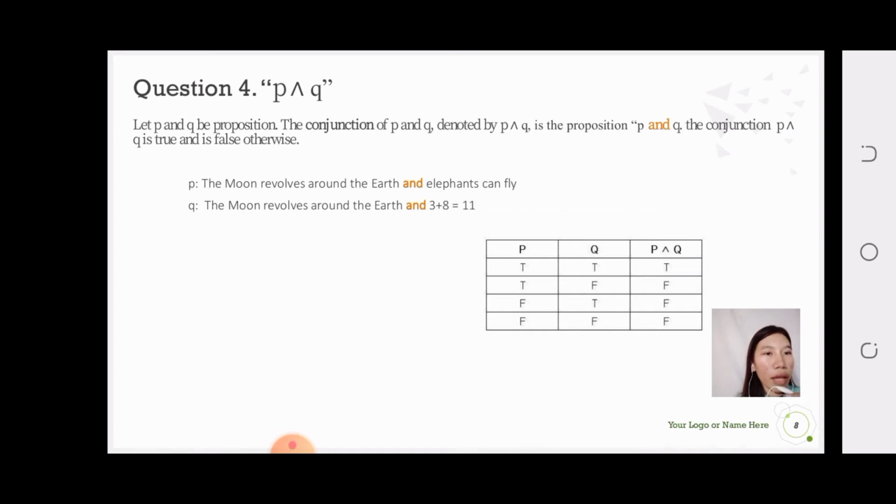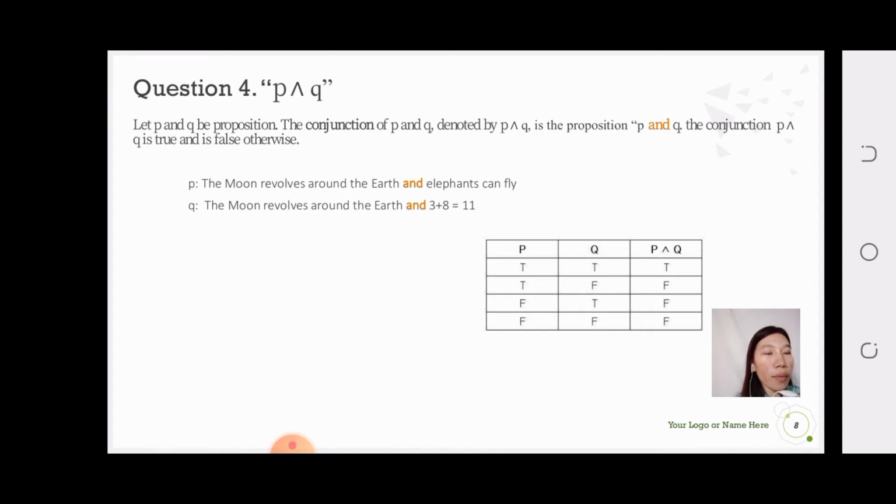And then, the third row: false, true, the result is false. That's because your P is false, then your Q is true. In the second column, your P is T and your Q is false.